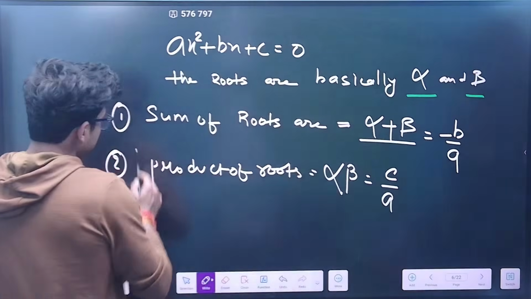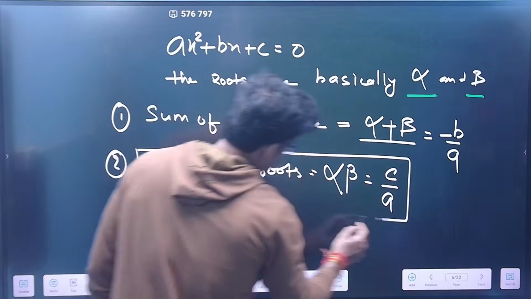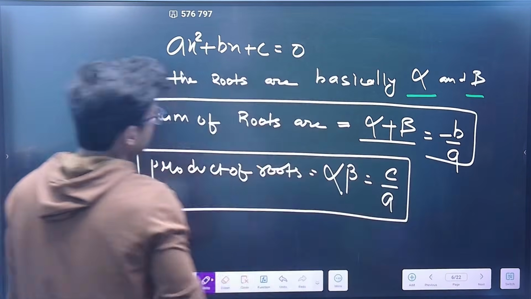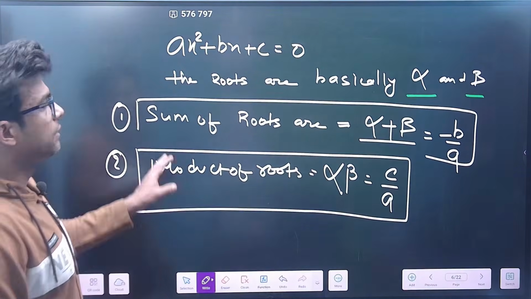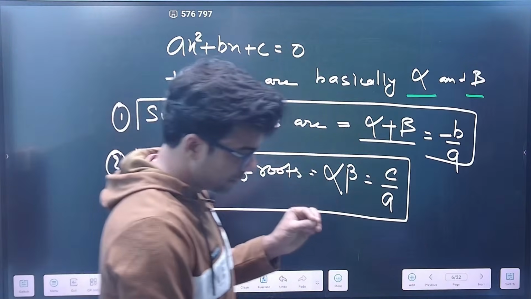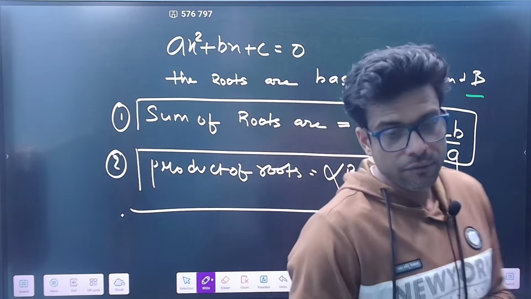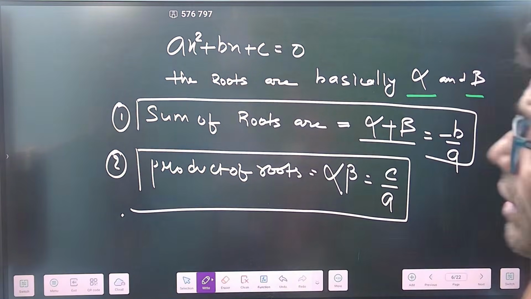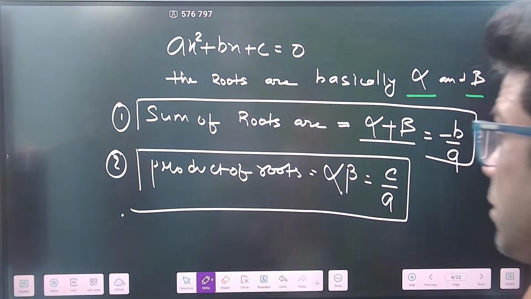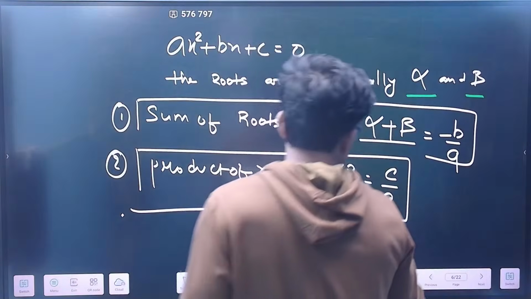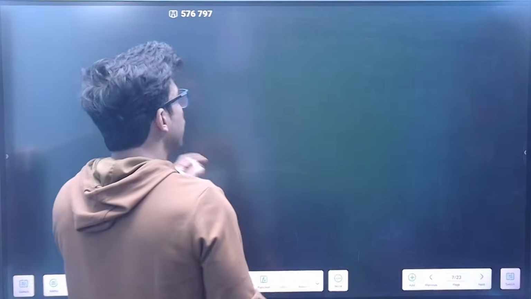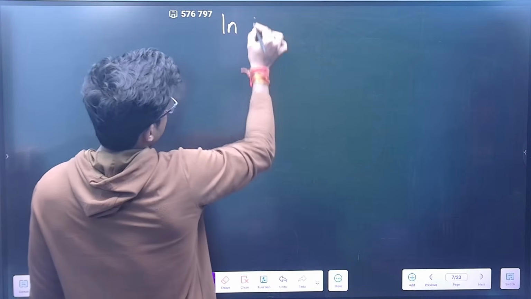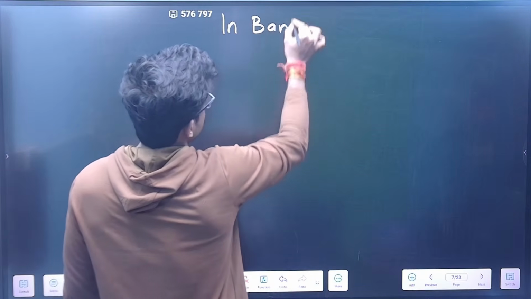So these are important points which everyone needs to know about the quadratic equation, right? But if you understand, this theory is not important for answering the question. No, these are not important. In the banking exam, you need to only compare the roots.